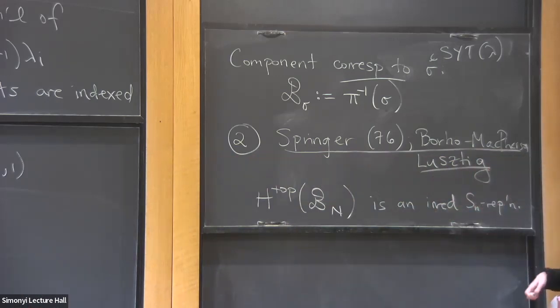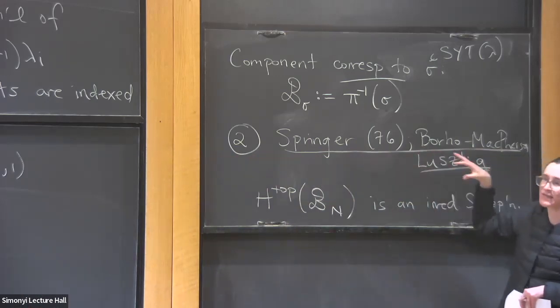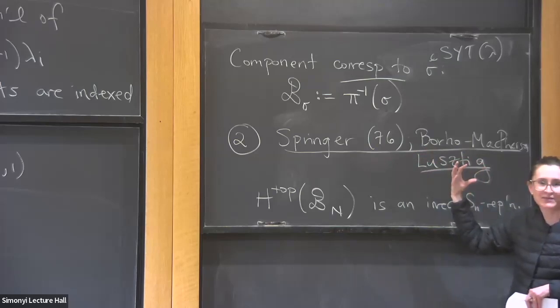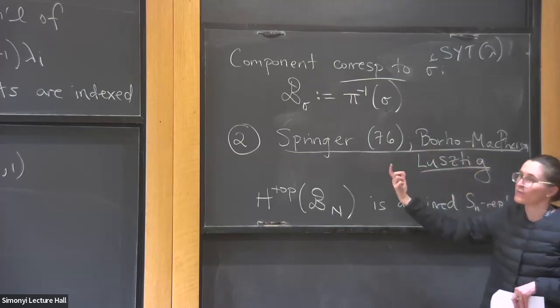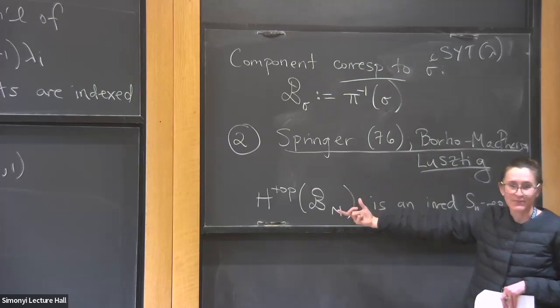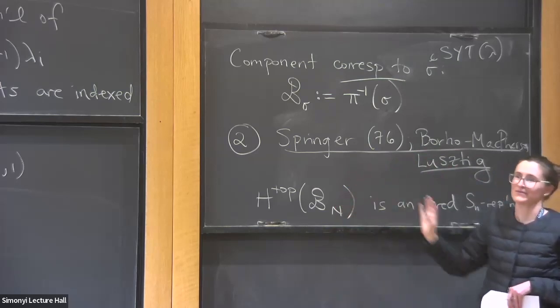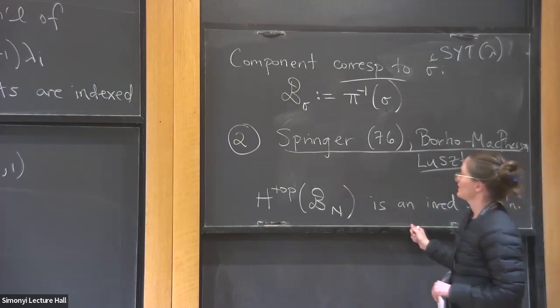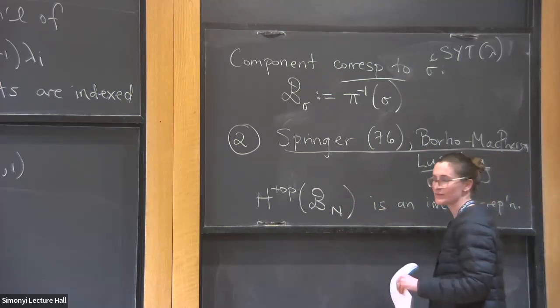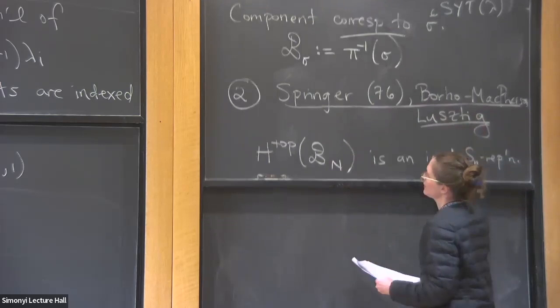Depending on how you set this up, there are some conventions: it's either the representation indexed by lambda or the representation indexed by lambda dual. Does this make sense?